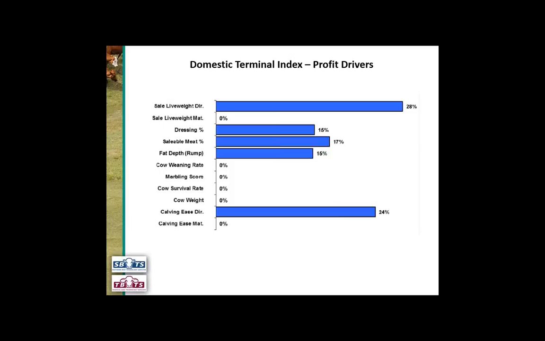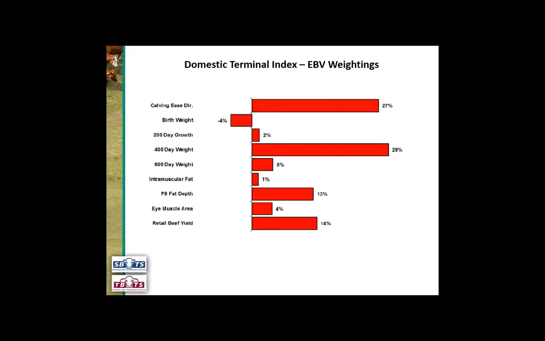So the key profit drivers are sale live weight, calving ease direct, so we've got to get live calves and we've got to maximise their growth. Dressing percentage has some emphasis. Saleable meat yield has some emphasis, and fat depth, in other words, more fat is going to be favourable, has significant emphasis as well, but no emphasis at all on the maternal traits because we're not keeping any females.